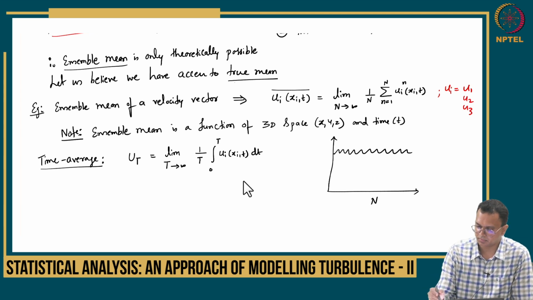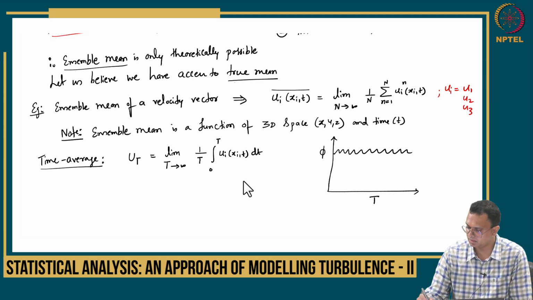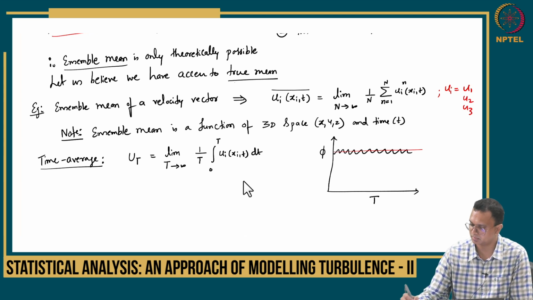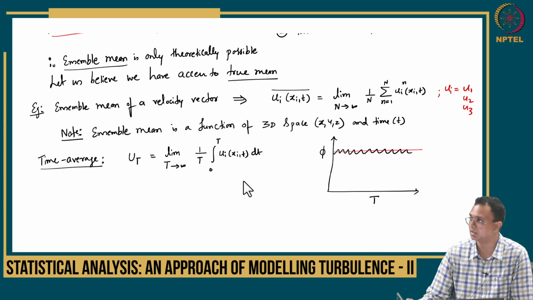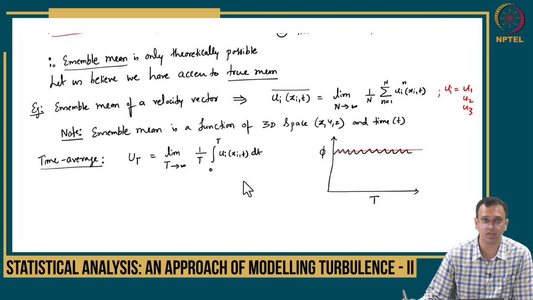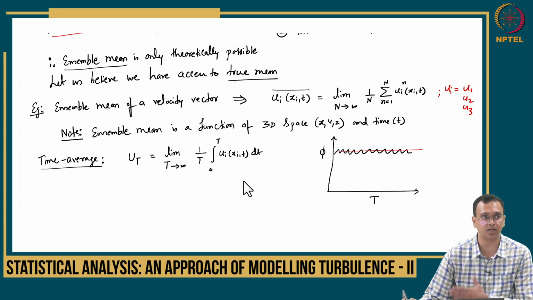Or let's say, let me use the time since we have discussed this. Let's say you are collecting samples in time, and this is your temperature or any other parameter. So then the average mean will be this. This is your ut. So the mean itself is not changing in time. Such a flow, if you have a flow where the mean is not changing in time, then time average can be used, and time average is the same as ensemble average.